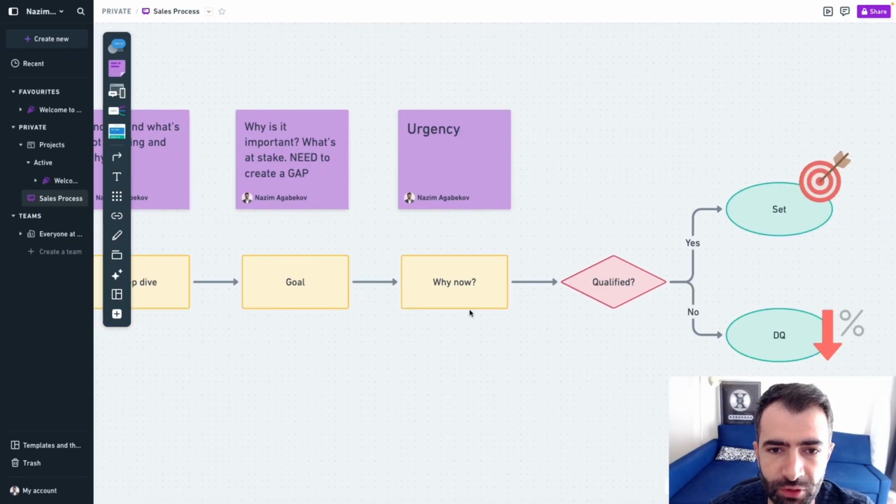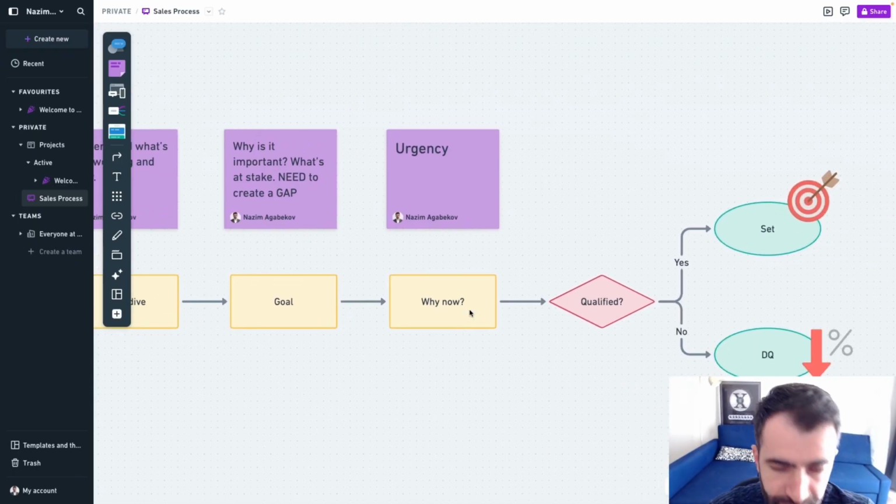And the last step of the entire process is to create urgency. They can even have the gap and have the financial resources, but if it's more of a want and not I need it right now, if there's no urgency, then they're not going to pay, right? And in some cases, it may not even make sense, pardon me, to have the sales call at the moment.